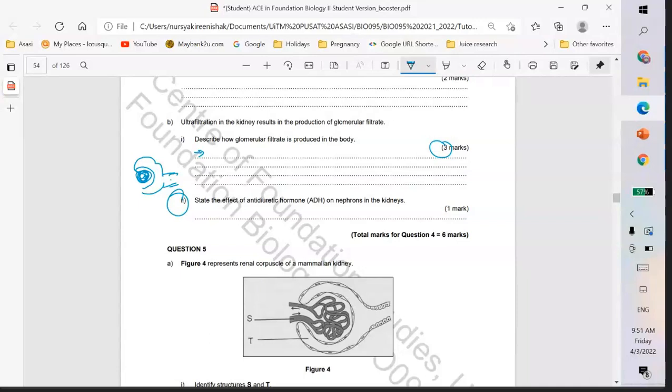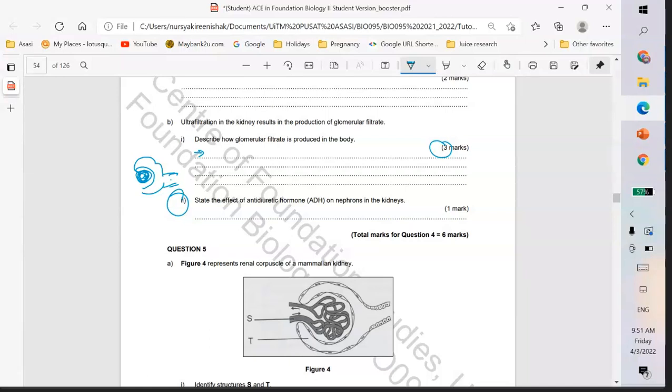That is the function of the hormone ADH, antidiuretic hormone, which is secreted by the posterior pituitary. Posterior pituitary is in the brain area. So the hormone will travel along your blood until it reaches the target organ, which is the kidney.